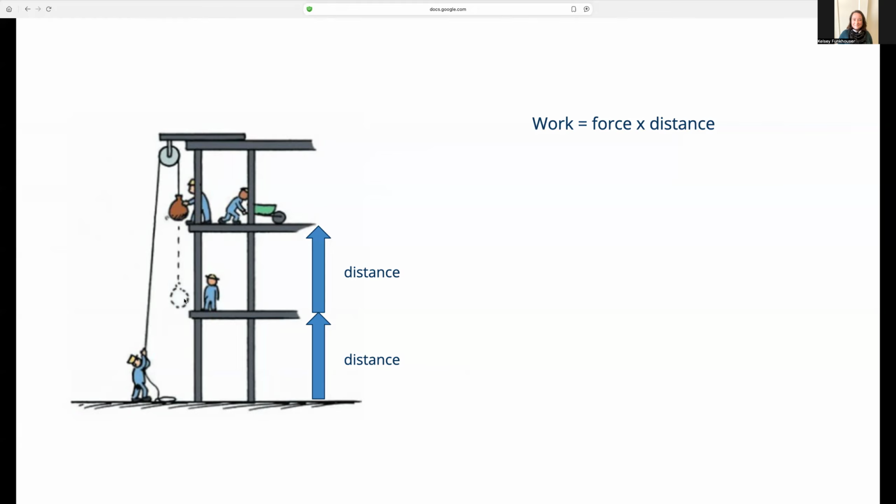So it takes twice the work to lift the gravel 2 stories instead of just 1 story. And that's because we're doubling the distance. So looking at this equation, if the force required is still the same, like they still have the same weight, but we increase the distance, that's going to increase the work required. So twice the distance means twice the work done.